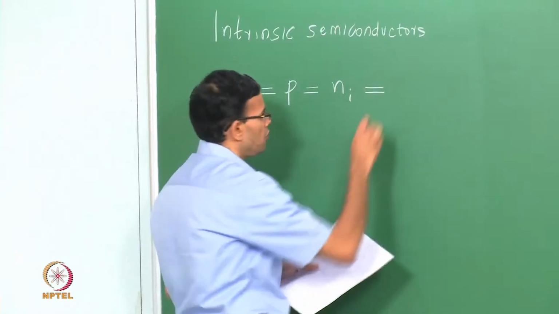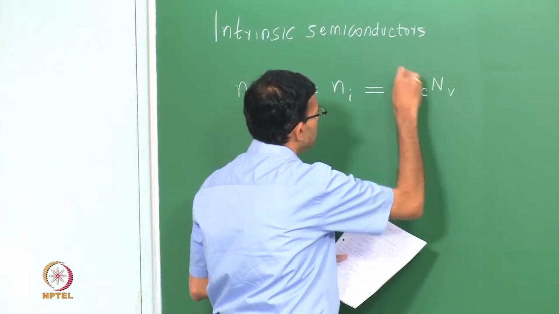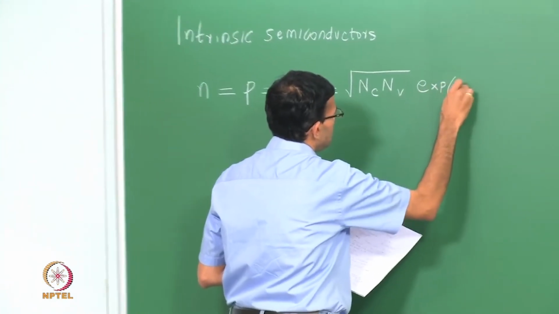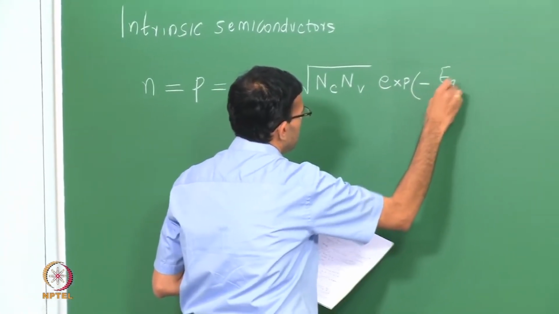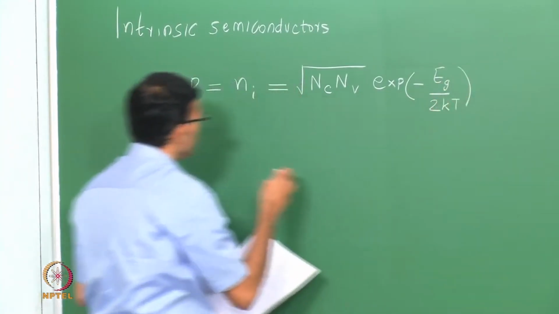The expression for Ni is square root of Nc Nv times exponential minus Eg over 2kT.